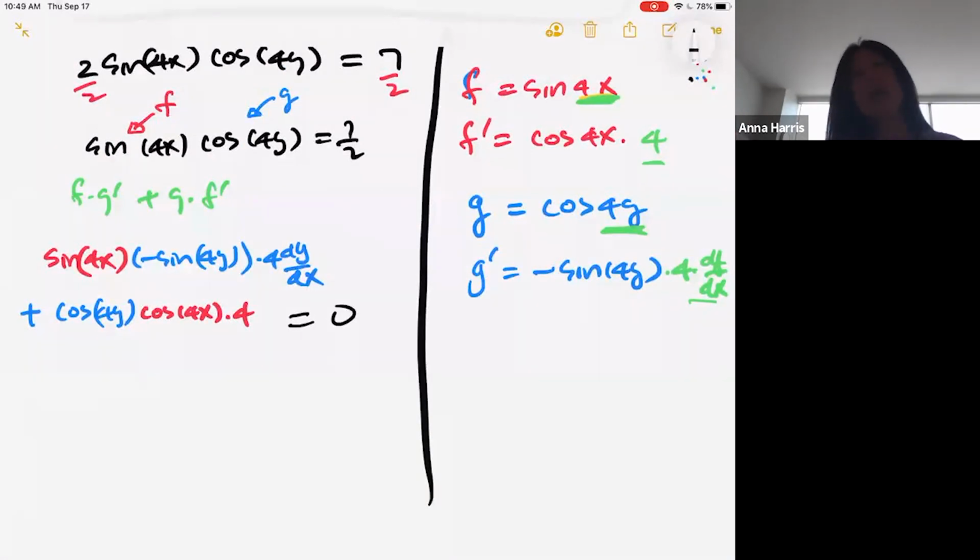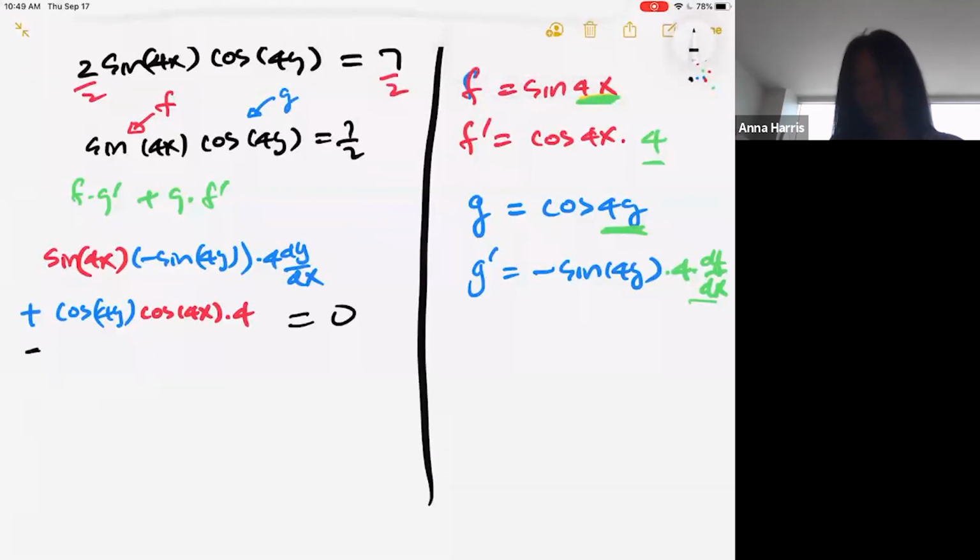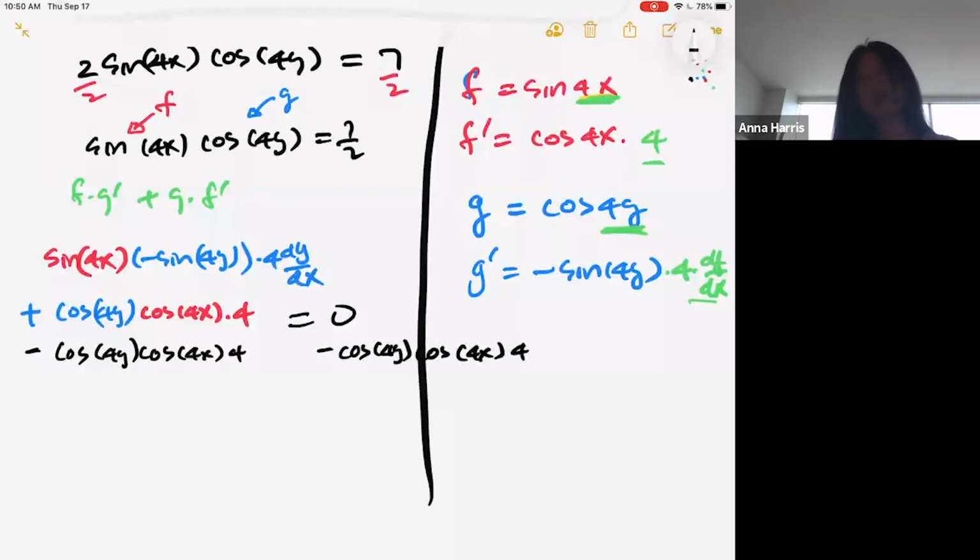And then you're going to say, okay, I want the term that does not have dy dx to move to the other side. Looks like this part does not have a dy dx, so I'm going to subtract the same thing, cosine 4y, cosine 4x, 4, from both sides.